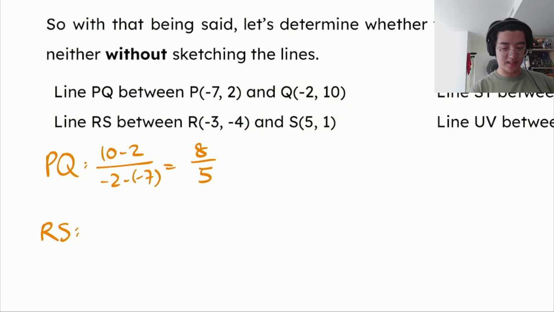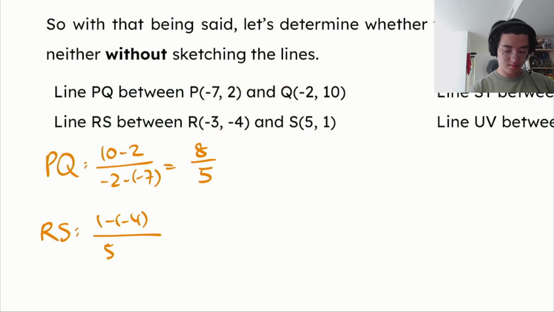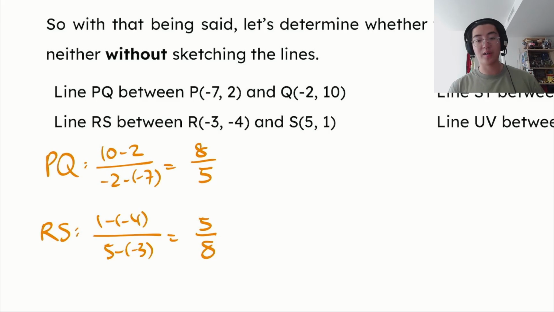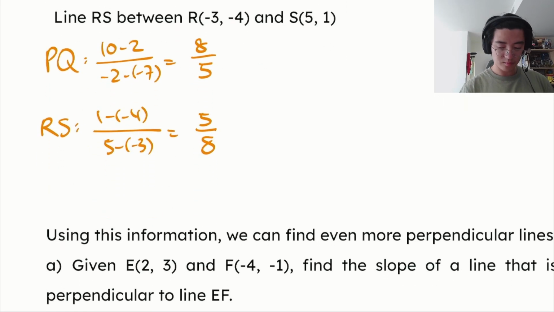RS: 1 minus negative 4, over 5 minus negative 3. Right here, we notice that they're reciprocals, but not negatives, right? If this were negative 5 over 8, then they'd be perpendicular, but they're not. They're also not the same, so this is neither.